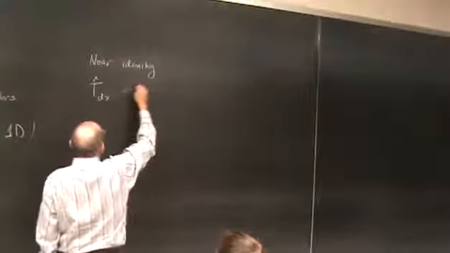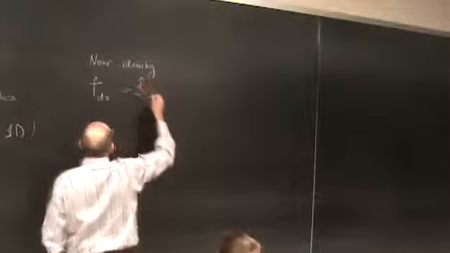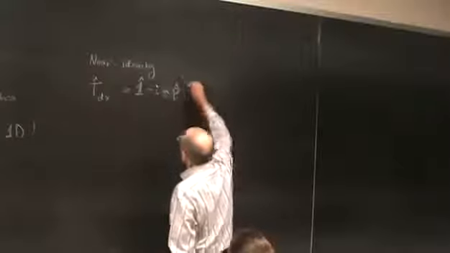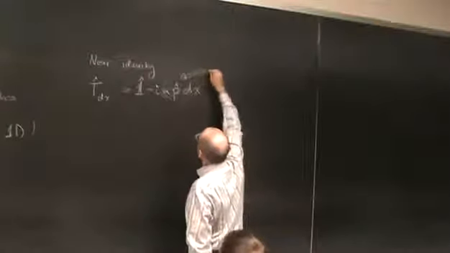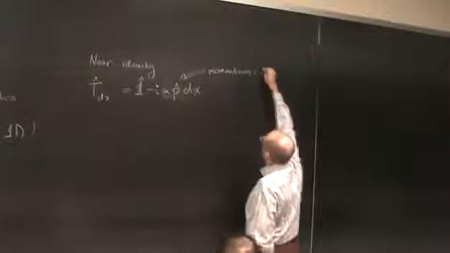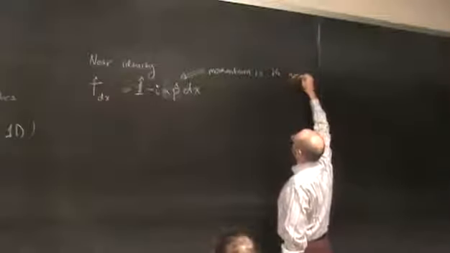Well, this is the identity, and then we said that the generator had to be anti-Hermitian, so we factor out a minus i. There's some operator I'll call k dx. Actually, let me write it out. We know that it's proportional to momentum. Momentum is the generator of space translations.